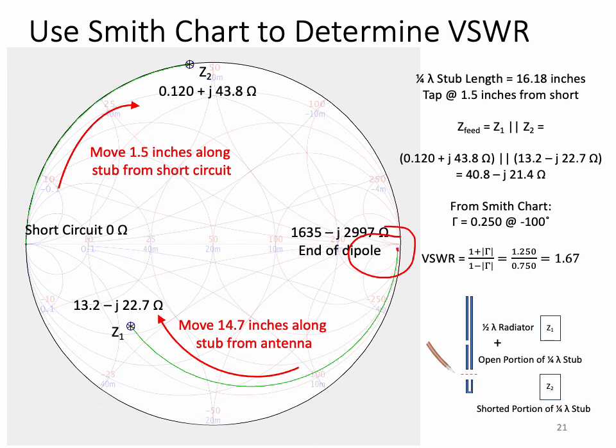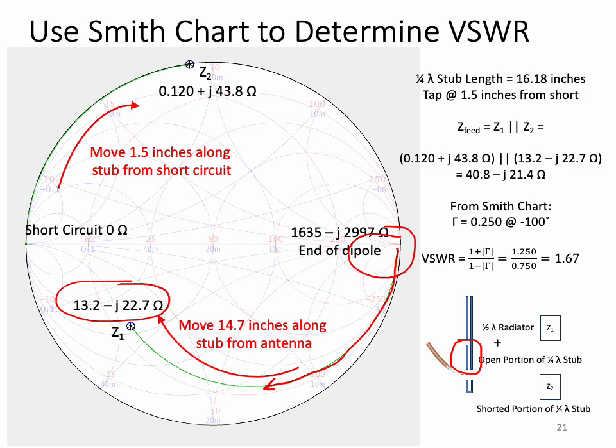So we're moving this way along the chart as we increase the length of that portion of the stub here. In this case, after 14.7 inches, the transformed impedance is now 13.2 minus j22.7, a tremendously improved impedance from where we started off at close to 3,500 ohms in magnitude.